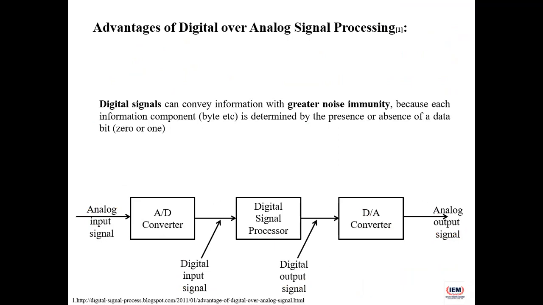I told you one thing: in the microprocessor market, two types of microprocessor are there. One is the general purpose microprocessor, isn't it? General purpose means we can fit this processor anywhere. Your computer has a processor, yes or no?